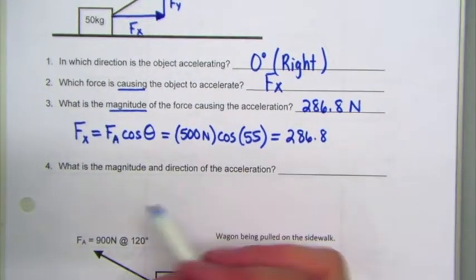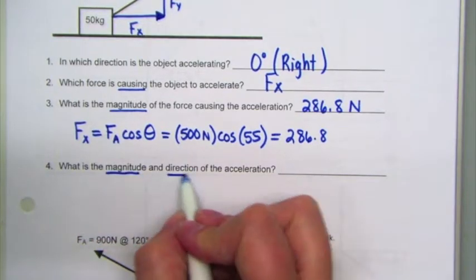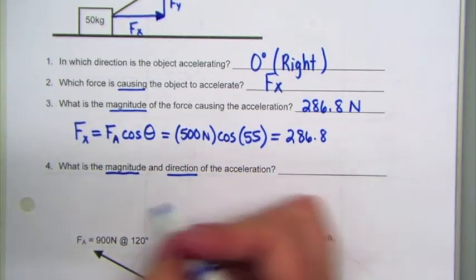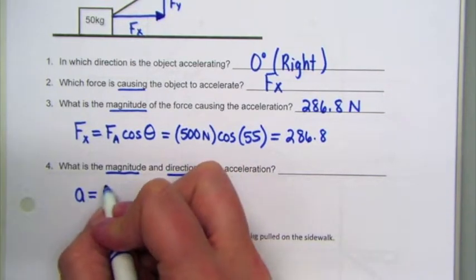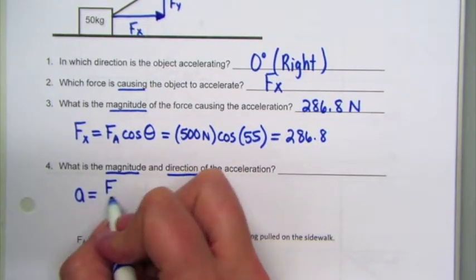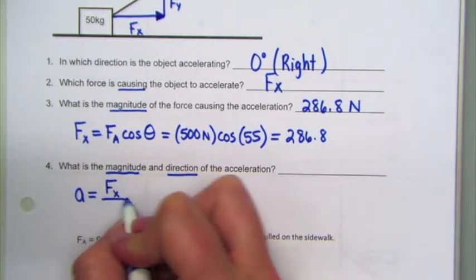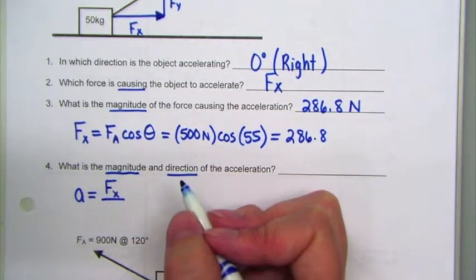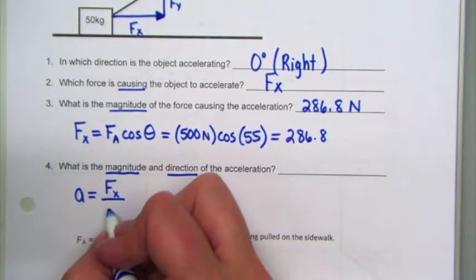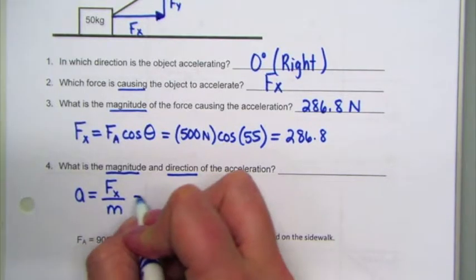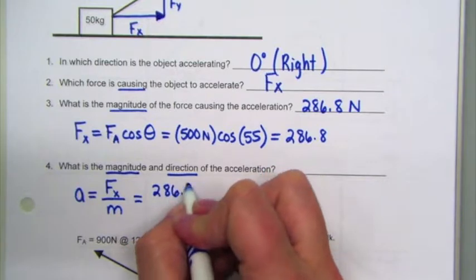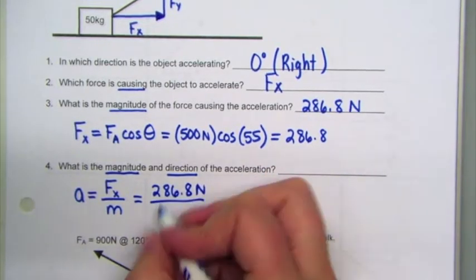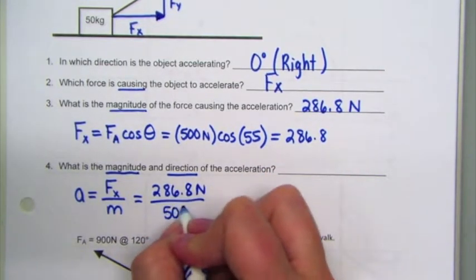The next question is asking, what's the magnitude and direction of the acceleration? We know from Newton's second law, the acceleration is the force divided by the mass. In this case, the force we're using that causes the acceleration is Fx. So we take our value from number 3, and we divide by the mass given, which was 50 kilograms.